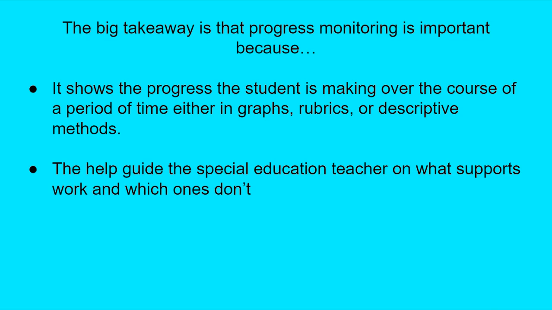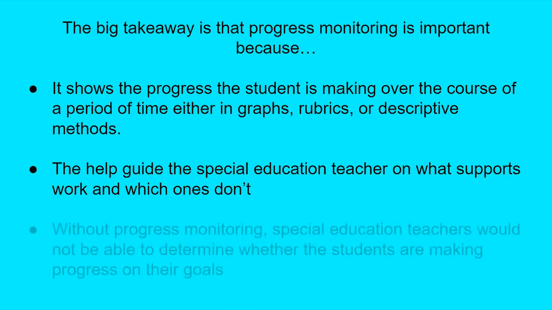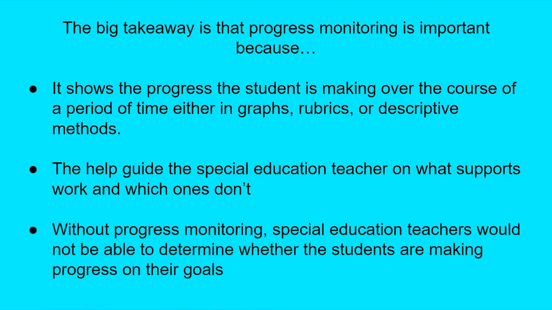That's why we have annual case conferences, because when we look at the progress monitoring, we're able to use that data to tell us, is this support, is this service helping the student? Because if it's not, then we don't want to continue using it. So we're going to have to find something else. And then without progress monitoring, special education teachers would not be able to determine whether the students are making progress on their goals, which is the entire point of progress monitoring.